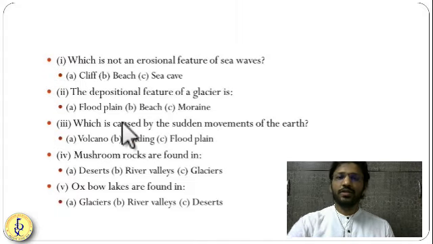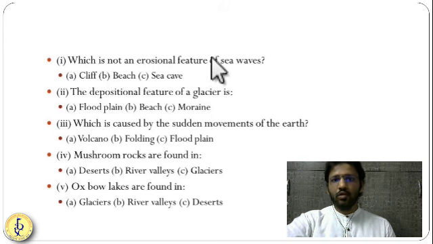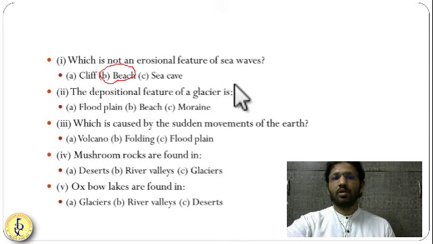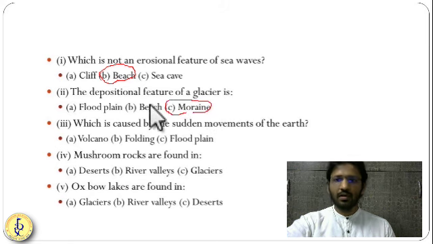Based on this, we are going to see MCQs. So first MCQ: which is not an erosional feature of the sea waves? Cliff, beach or sea cave. So definitely beach is not an erosional feature, it is a depositional feature. The depositional feature of a glacier is, definitely moraine. Beach is a depositional feature of a sea wave.